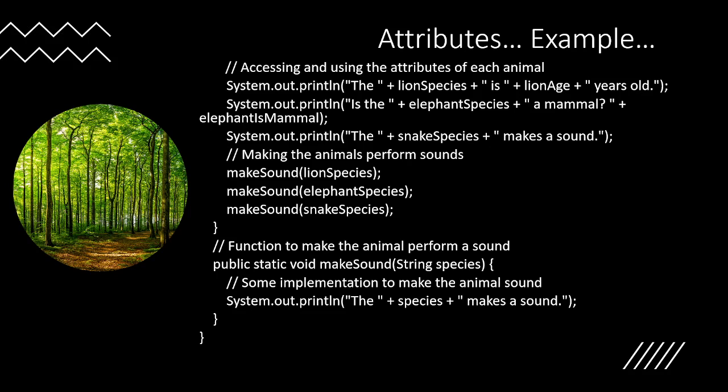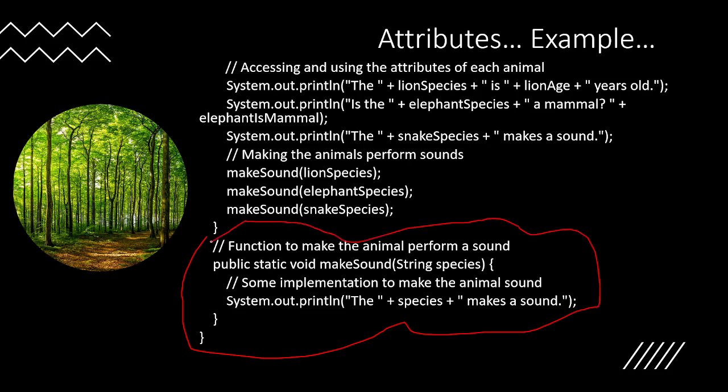Make sound is a function, basically not a method in this case, which we have declared here. I'll just mark it so that you can understand and see. This is actually a function, since it is within the main class, so we call it function. Otherwise it is a method outside the class. Small difference, but functionality is same.